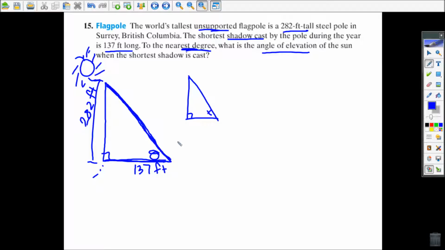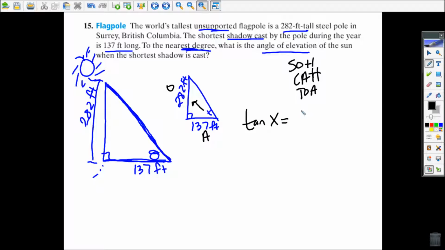So I put theta here, you can put x, I don't care. Just know that it's an unknown. So we have 137 feet for the shadow. The pole is 282 feet. So we have opposite and adjacent. TOA. So opposite, adjacent. So we have tangent of our angle is going to be opposite over adjacent.